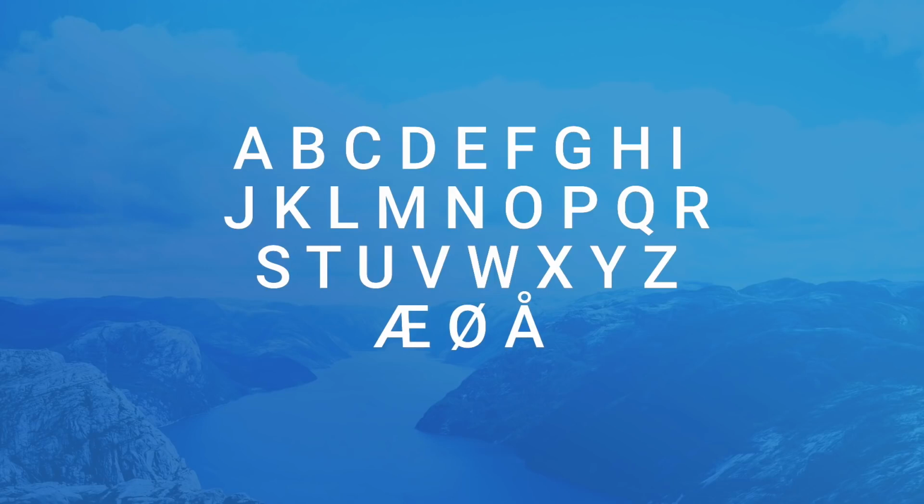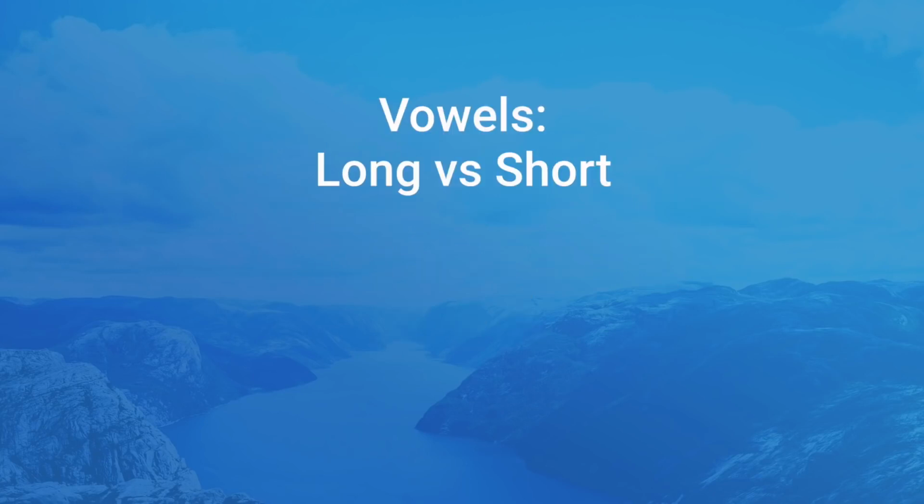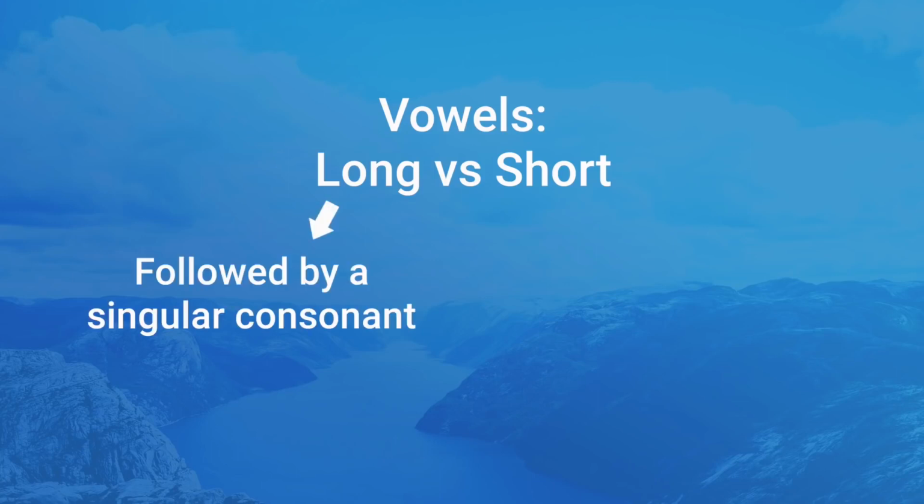We're going to go through each individual letter now. I'll give you examples of how they sound when used in words, and we will also take a look at their different variations in pronunciation. Before we begin, I want to note that most of the vowels have 2 different pronunciations, either long or short. Long vowels are usually followed by a single consonant, while short vowels tend to be followed by double consonants.